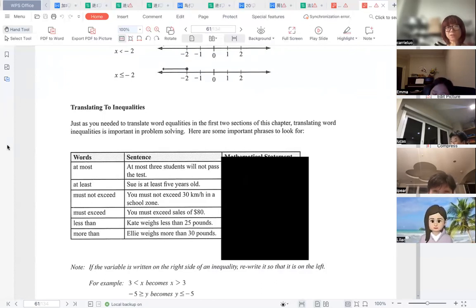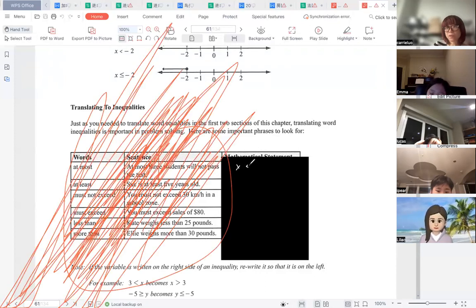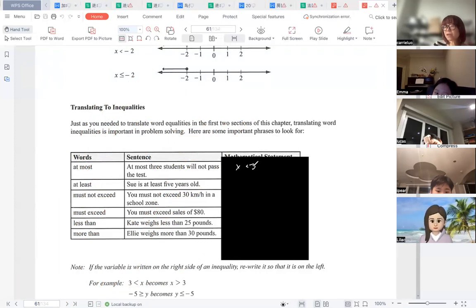What does it mean, Lucas? At most 3 students will not pass the test. 最多有3个小朋友不会 pass. So x is smaller than 3. Get it, everybody? X is smaller than 3. Get it, Emma? Okay, we need to understand those sentences, okay?